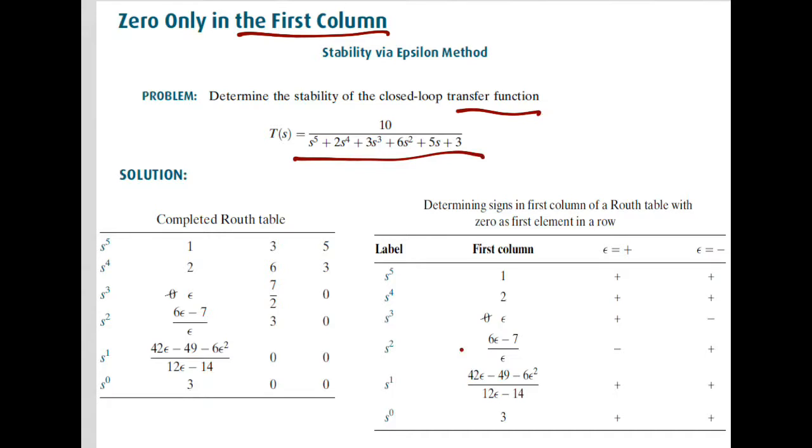Then again we can compute this: 6 epsilon minus 7 divided by epsilon, that is, 6 epsilon minus 2 into 7 by 2, divided by epsilon, and here we get 3.